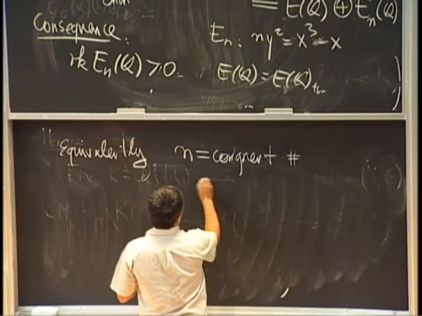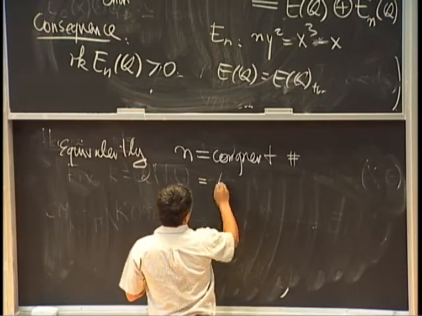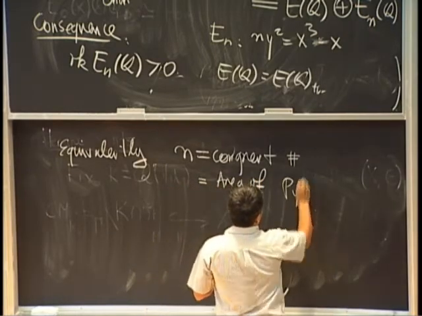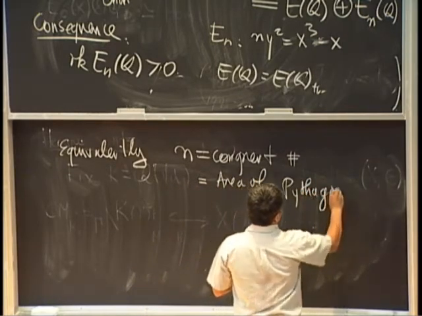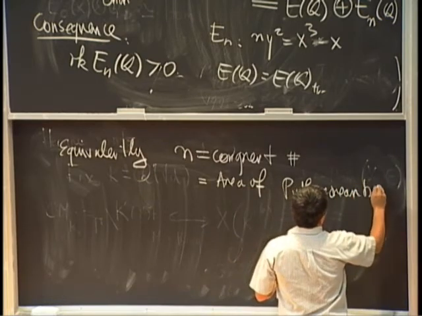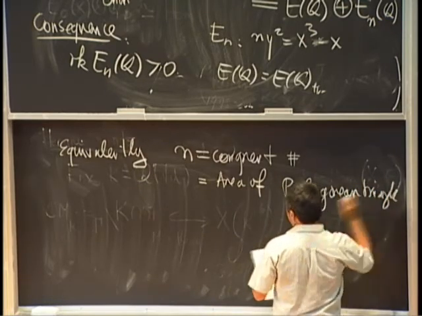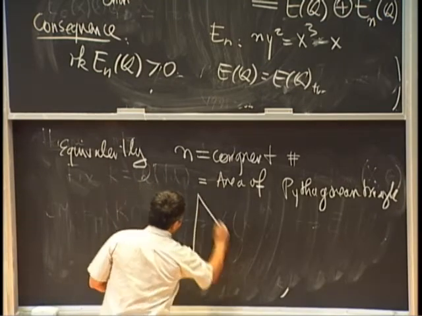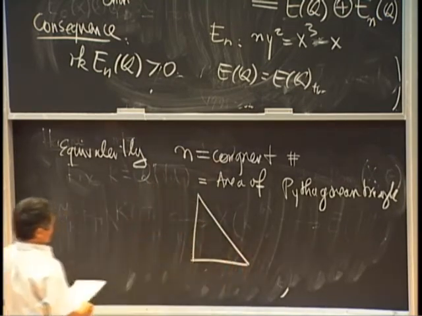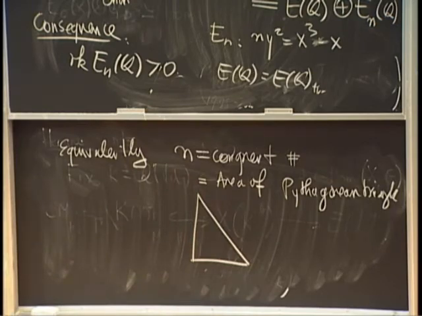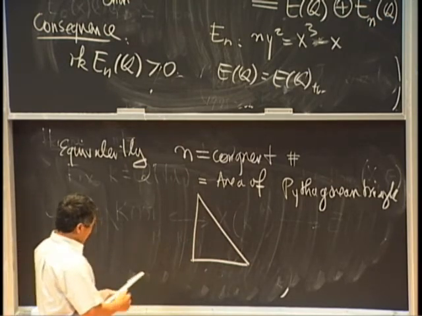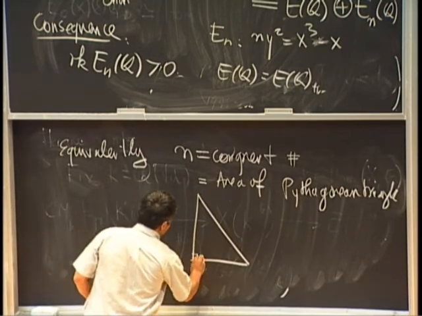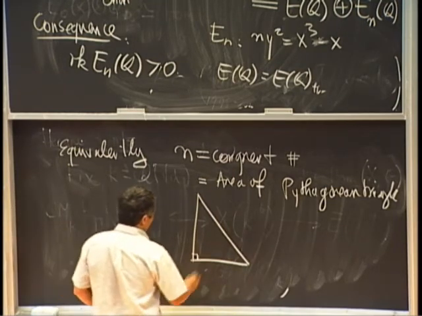By definition, this means that it is the area of a Pythagorean triangle. You want to find a right-angled triangle with three rational sides, and the area is n.